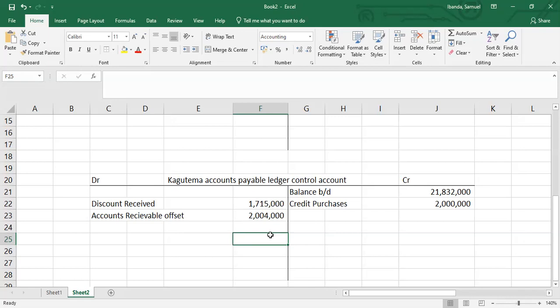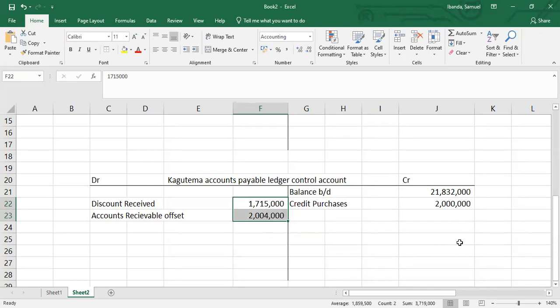So once we have done that, ours is now to look at the two sides, because we've already done the adjustments.